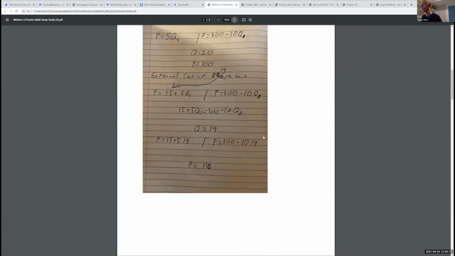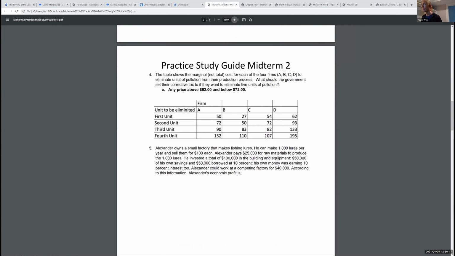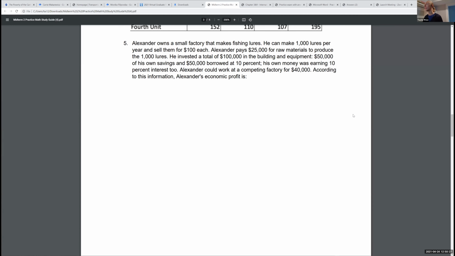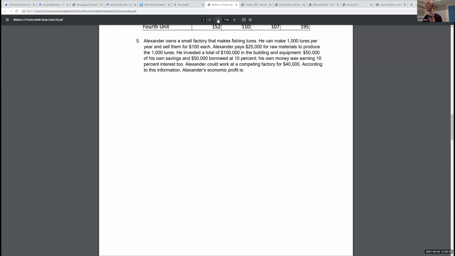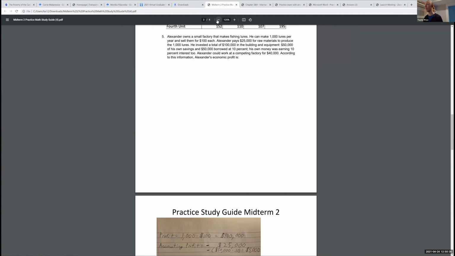So let me go to question 5 from the midterm 2 practice math study guide. You might not see a question exactly like this one on the midterm, but the general concept and the way you need to think about accounting and economic profit are very similar.